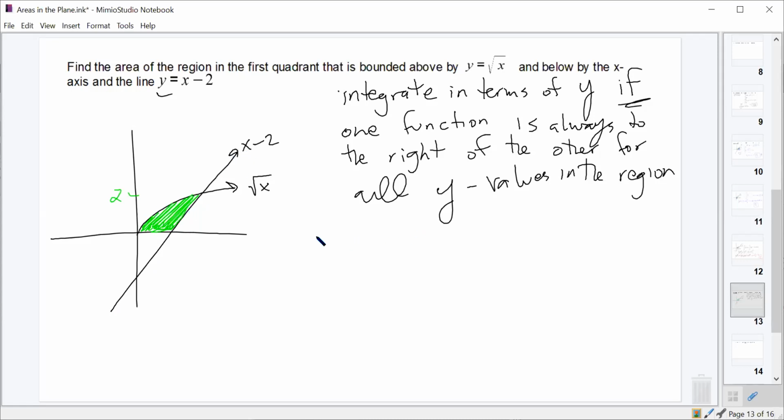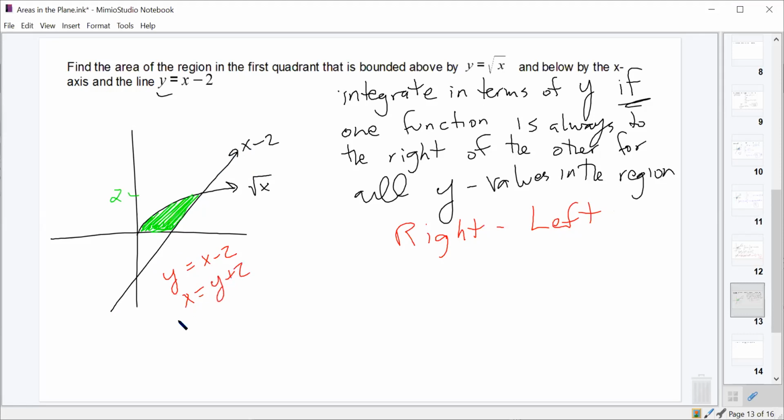root function. And so we will always do the right minus the left. Okay? But we have to do it all in terms of y, which means that we need to figure out if y equals x minus 2, what does x equal? Y plus 2.